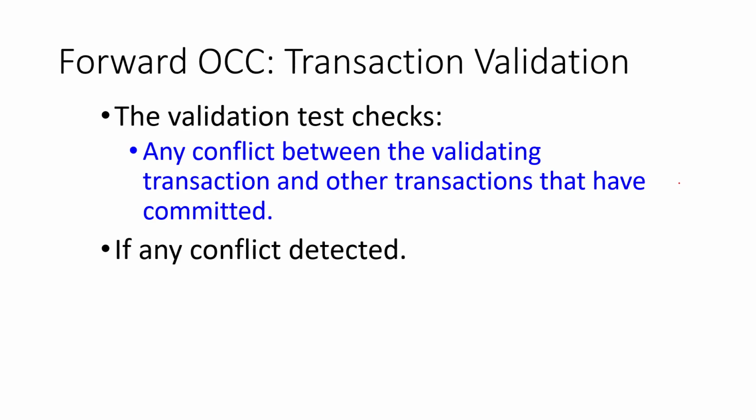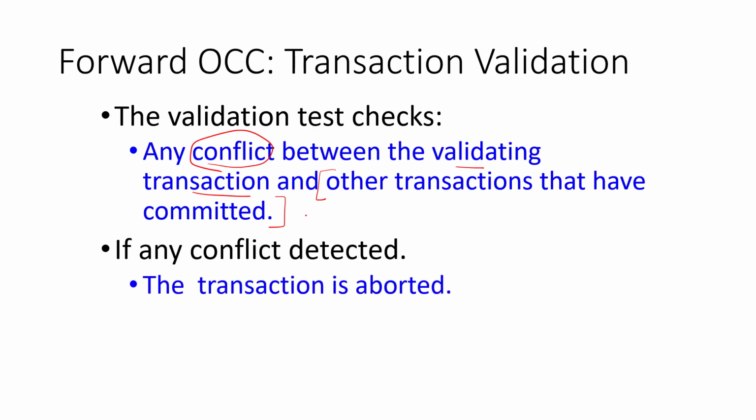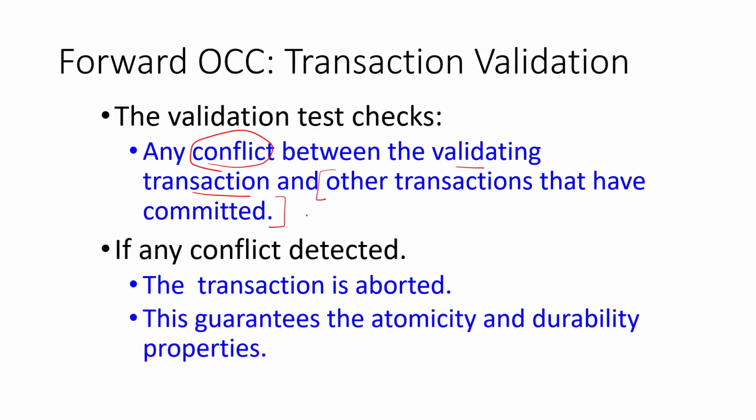What does the validation test do? It checks if there is a conflict between the transaction that is being validated and all other transactions that have committed. If there is no conflict, then everything is fine. If a conflict is detected, the transaction is aborted. So this will guarantee the atomicity and the durability properties.